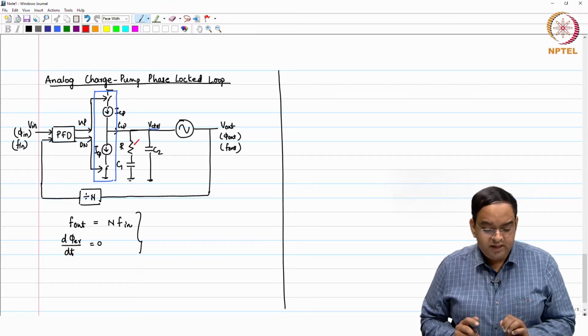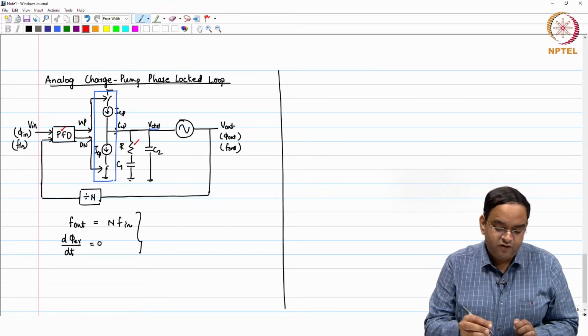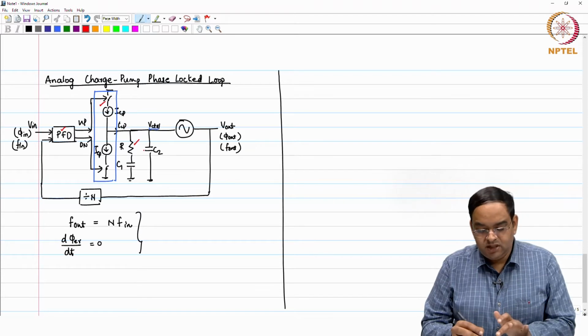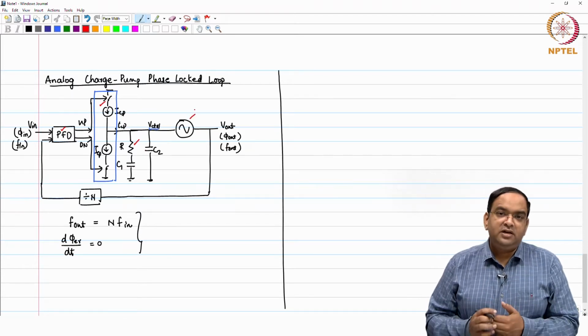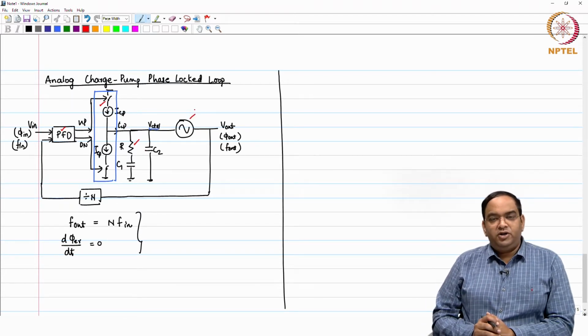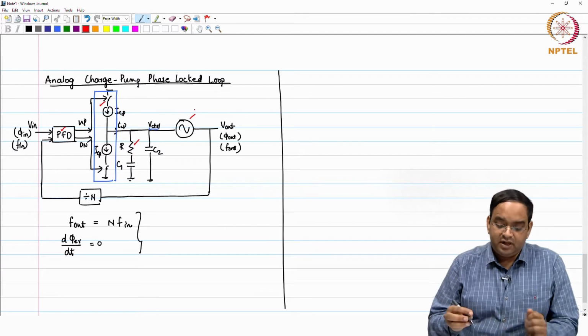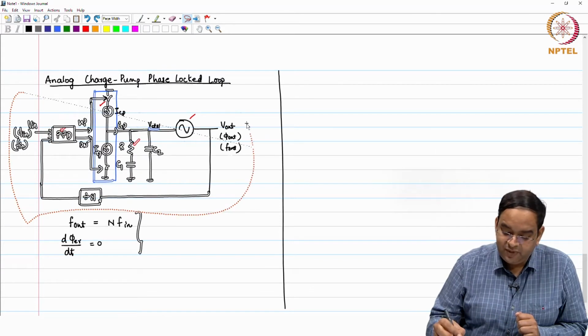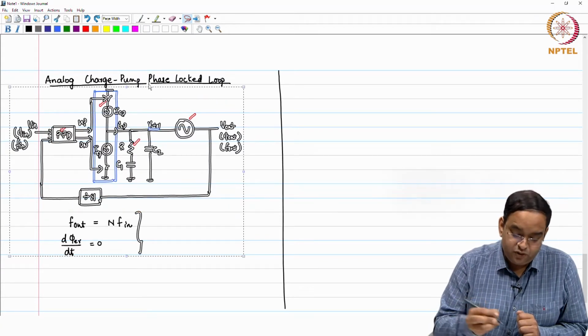Okay. And then we looked in detail at the design of the PFD, the charge pump, how to have this loop filter and oscillators. We talked about the low swing oscillators, the full swing oscillators, large swing oscillators, and we went ahead with the supply regulated VCO also.